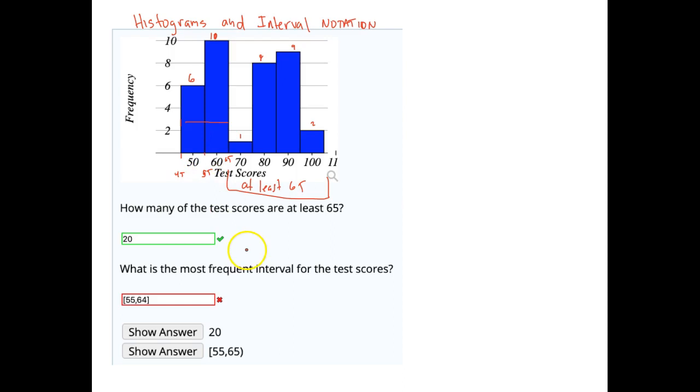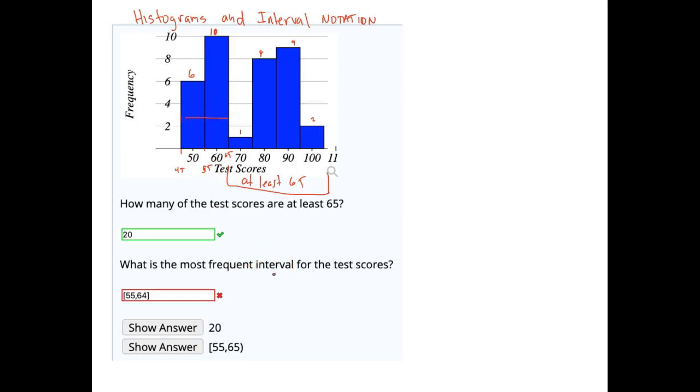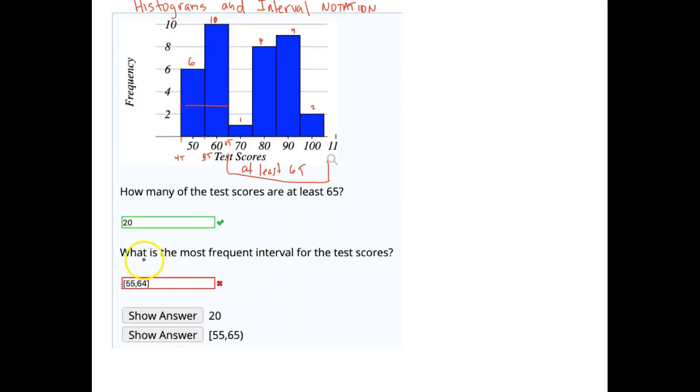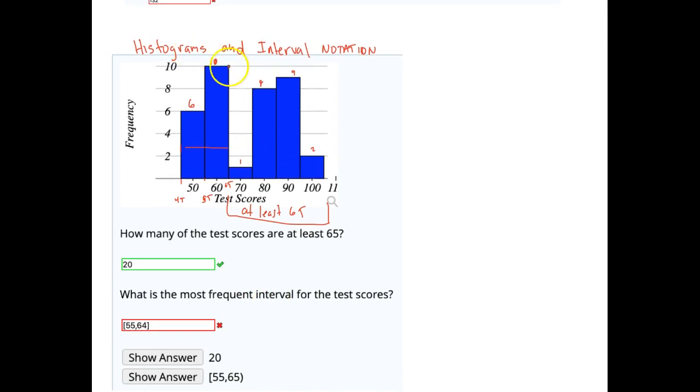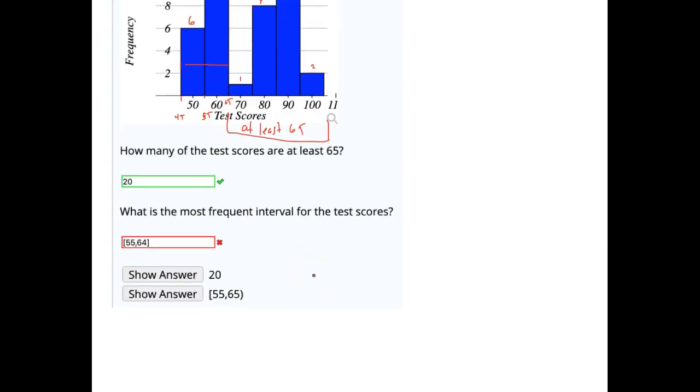And so there's just a general rule we use. For example, to answer this, what is the most frequent interval for the test scores? This is the one that has 10, the highest, and that goes from 55 to 65.